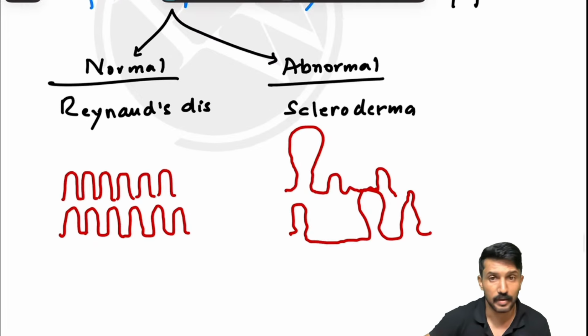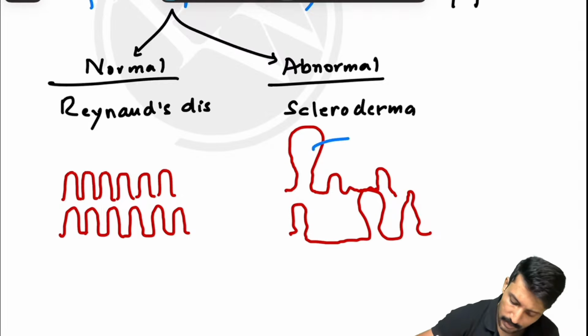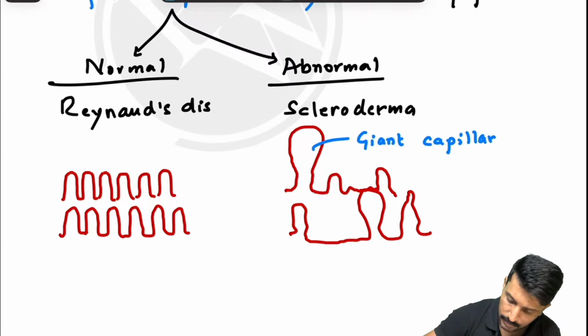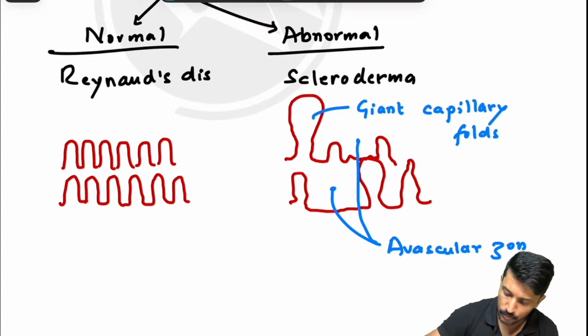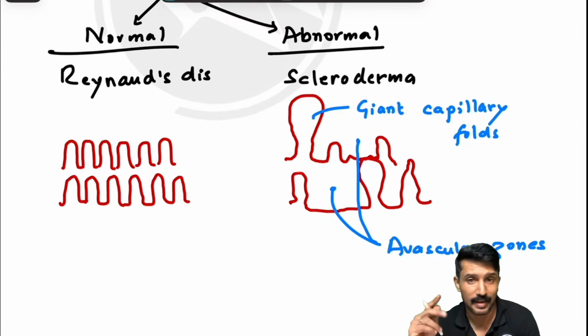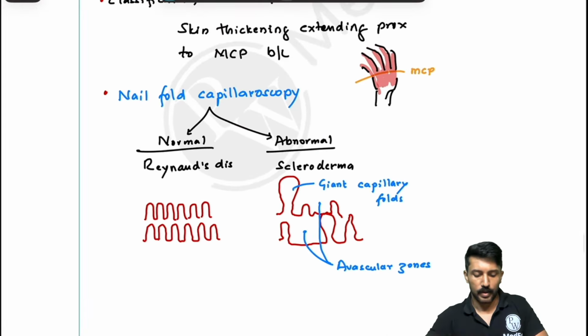So this is how it may be looking. First thing you are noticing here is there are giant capillary folds. Second, there may be avascular zones where the capillaries are gone, they are dead. This is called abnormal. This can be seen in scleroderma.